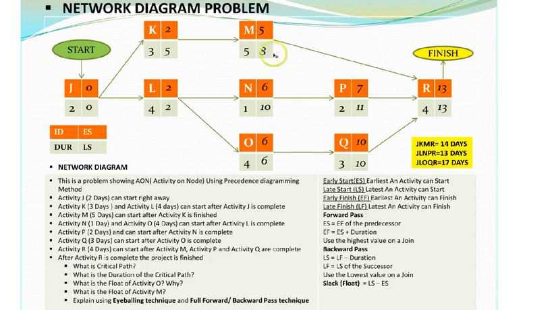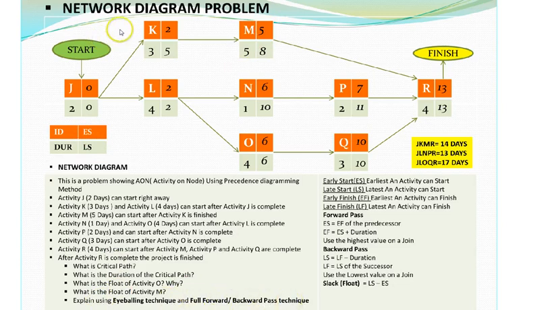Now to find the float for M using the forward and backward passes, I subtract LS minus ES, which is 8 minus 5. Again, the answer is exactly the same as with the eyeballing technique, which was 3 days. So we found the answers for these questions using both techniques: the eyeballing technique and the forward and backward pass techniques.